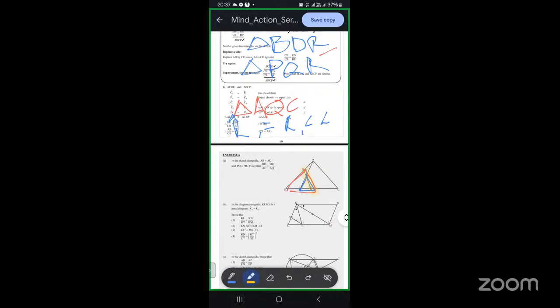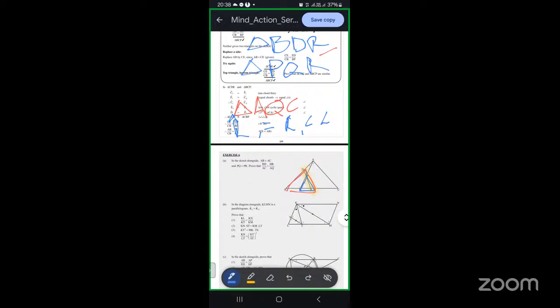Yes, I agree that is a common line, but now they don't share equal length when you look at the blue triangle and the red triangle. Can you see that? Yes, sir.